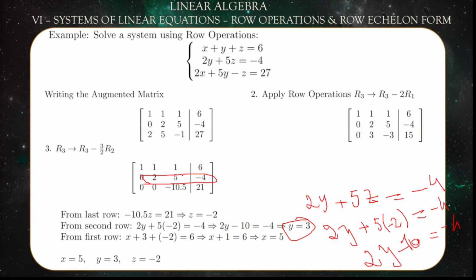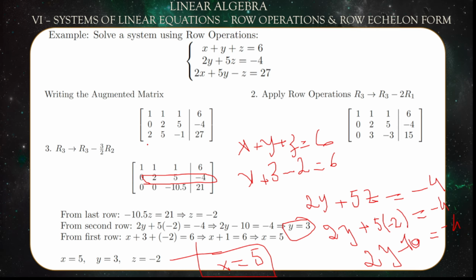Finally, we end up with the last one, which is x plus y plus z equal to 6. You already have y, which is 3, and z, which is minus 2. So x plus 3 minus 2 is equal to 6. 3 minus 2 is 1. You move it to the right, it becomes minus 1. So x is equal to 6 minus 1, which is 5.